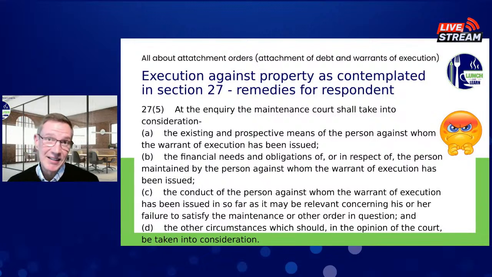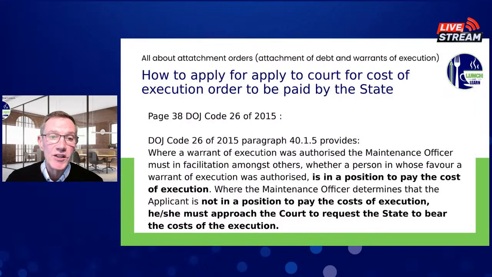So the conduct, if the respondent is willfully in arrears and he is just plain, in Afrikaans, they call it harregat, the court would definitely draw an inference on that behavior, and then could use that against the debtor or the respondent when deciding if the warrant of execution should be set aside or not.